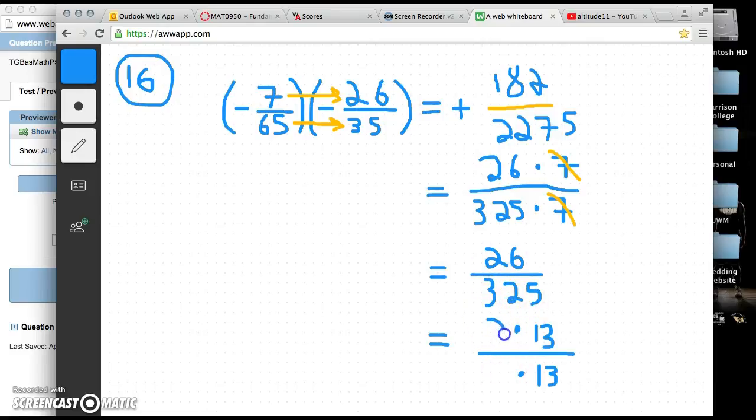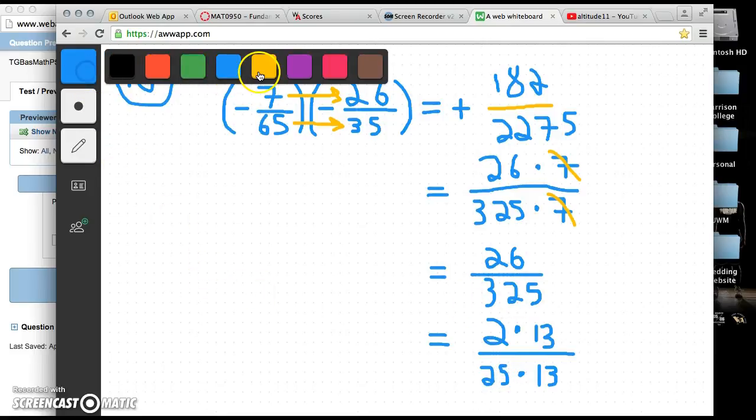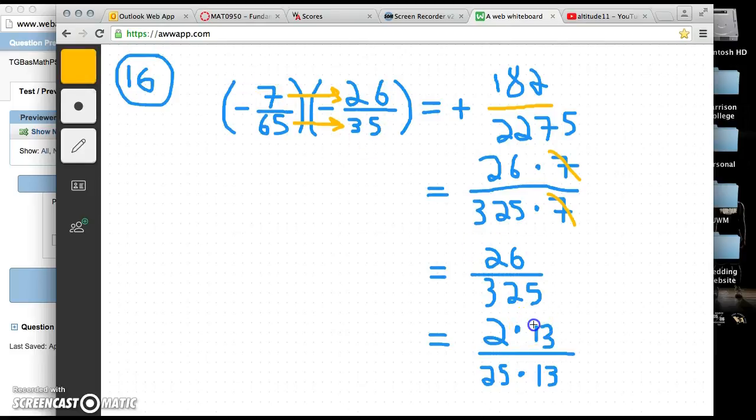Well, we just saw on the calculator 2 times 13 is 26, and 25 times 13 is 325. Just like last time, we can now cancel out this common factor of 13, and what we now see here is in fact our final answer. 2/25 is going to be our final answer, and it cannot be reduced or simplified anymore.